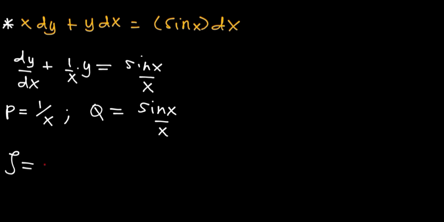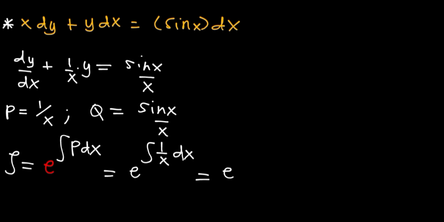As we said, that should be equal to e raised to the power of integral p dx. Now, rather I needed to ask for what p is. Now p is 1 divided by x, and we have dx there. So this is obviously e to the ln x.